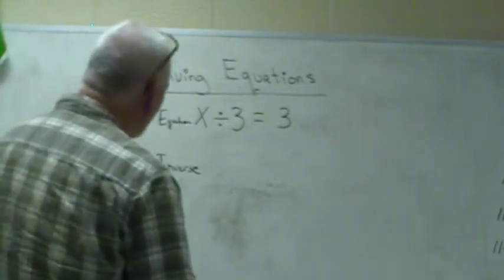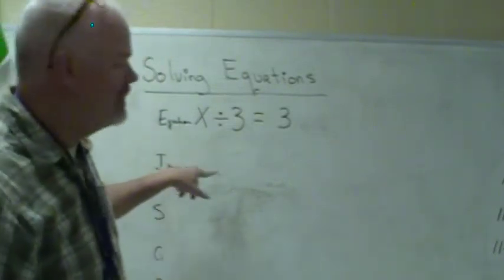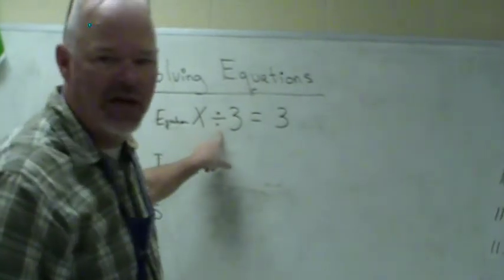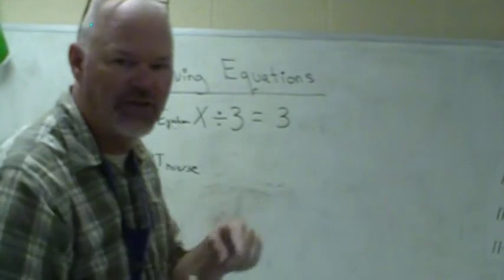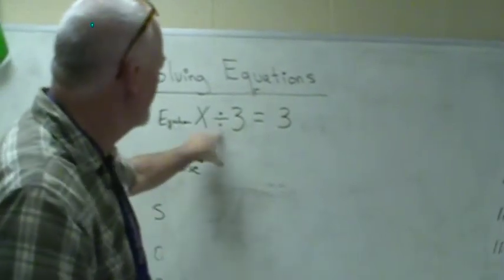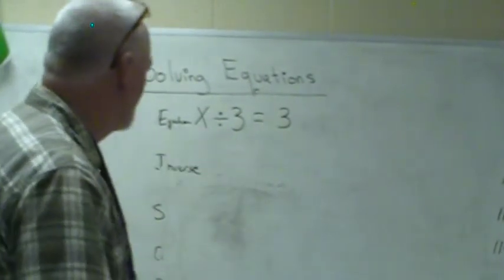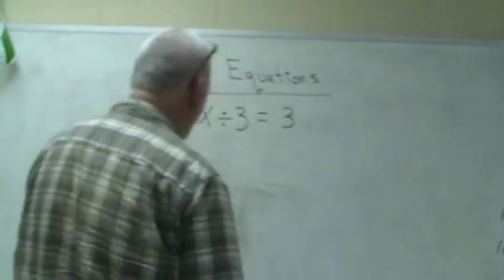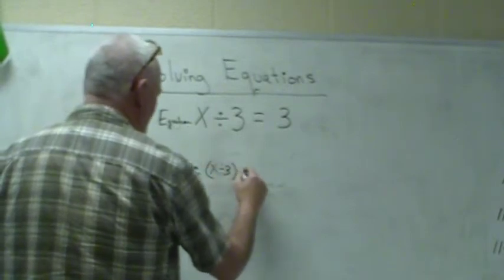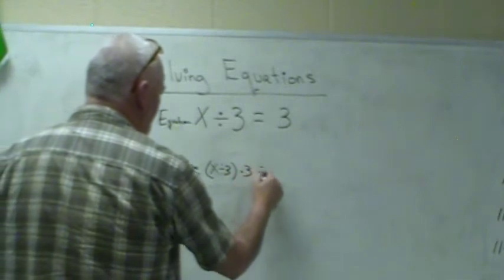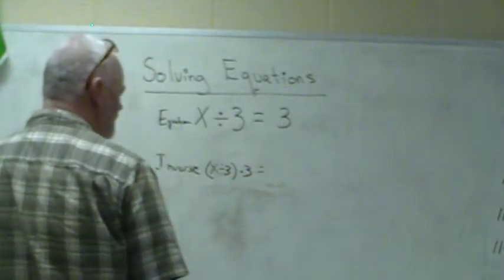What does inverse mean? Inverse means whatever's going on here, whatever operation, adding, subtracting, multiplying, or dividing, you do the inverse, right? So if they're dividing by 3, we're going to multiply by 3, right? If we got x divided by 3, if we multiply by 3, it makes that disappear, right?